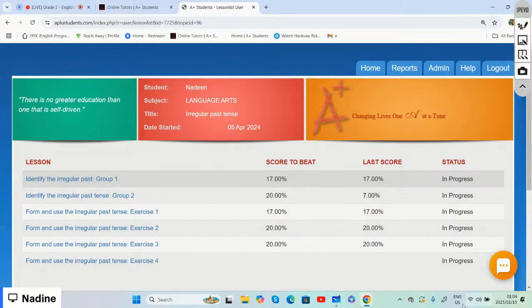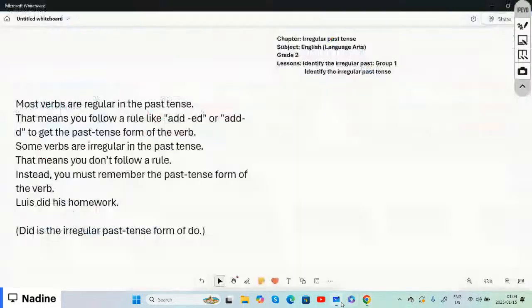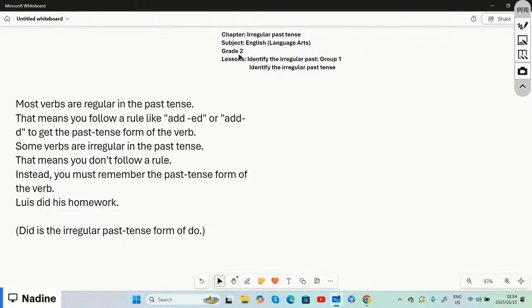All right, so our chapter is irregular past tense. Our subject is English language arts. We're doing grade 2.